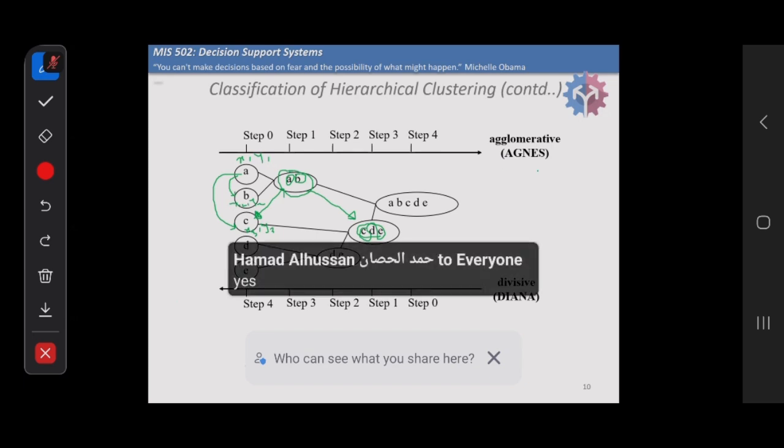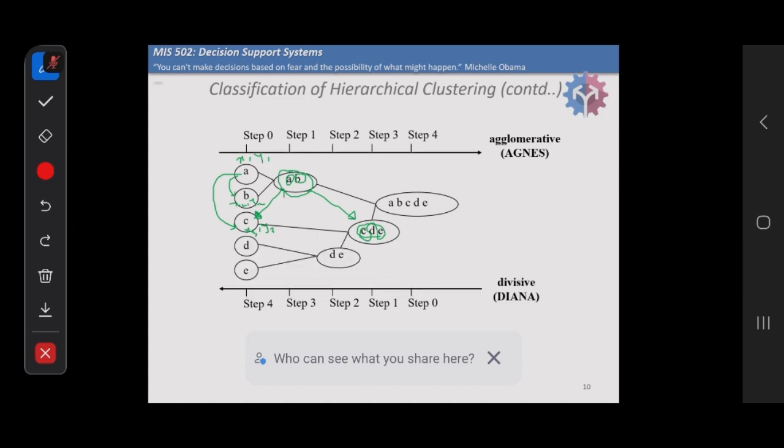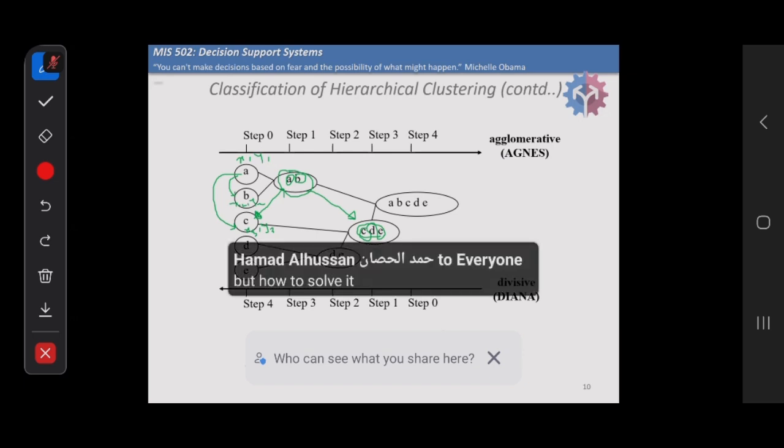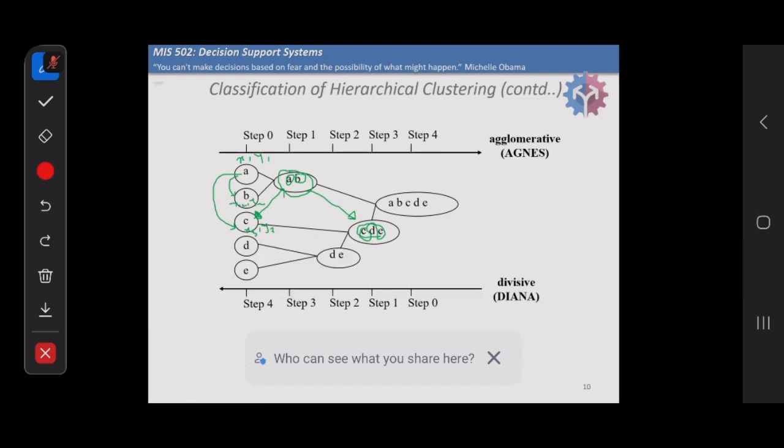Hamad, Muhammad, everyone else who's here, are you guys with me? Okay, great. I'm going to explain it in a couple of slides, but keep this question, because there is a discussion we have to do before that. Maybe in two or three slides.